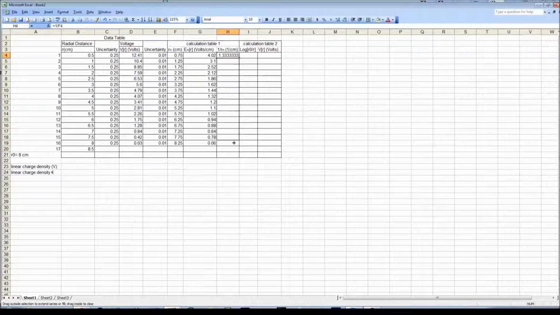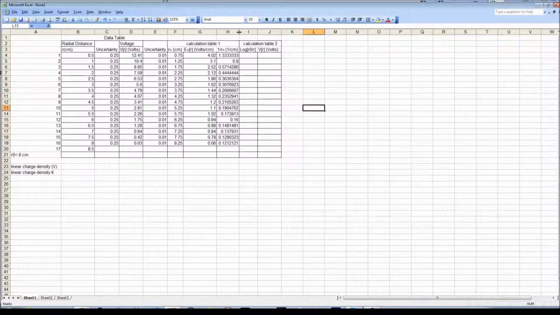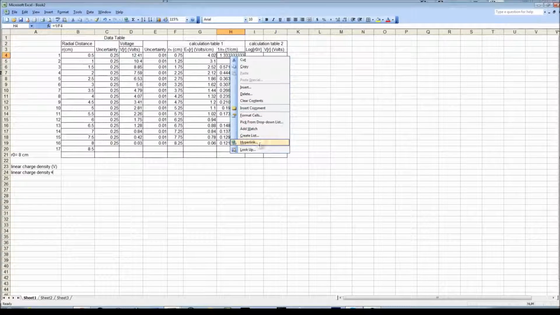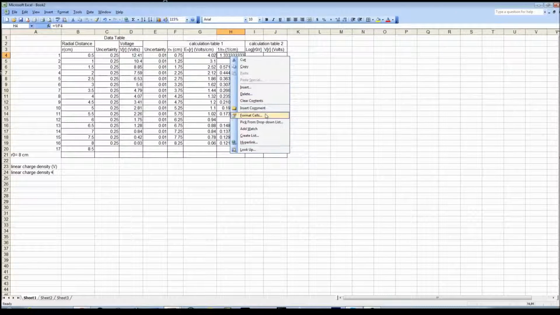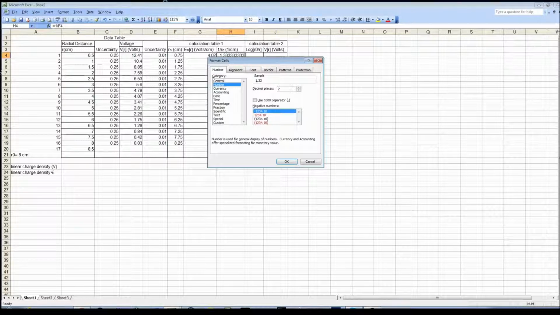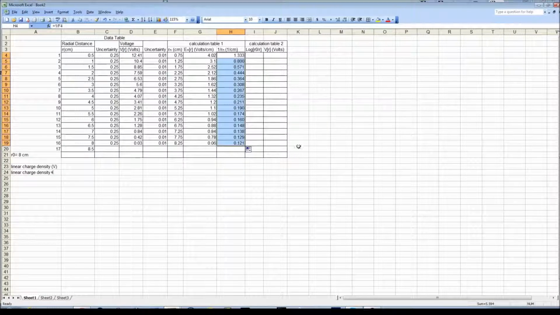We carry that down, expand this a little. I'm not sure if I like all those decimals after it. So let's set our decimal places to 3. And that is much neater.